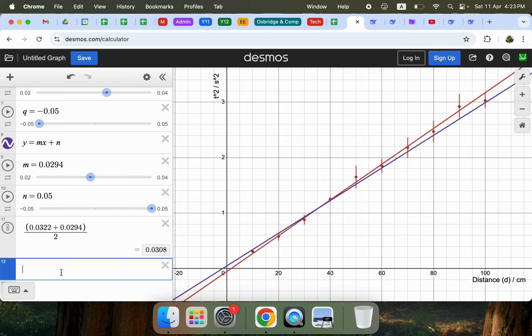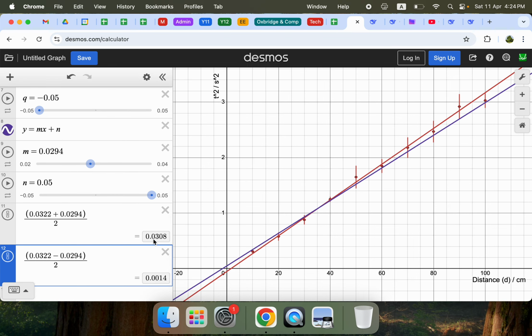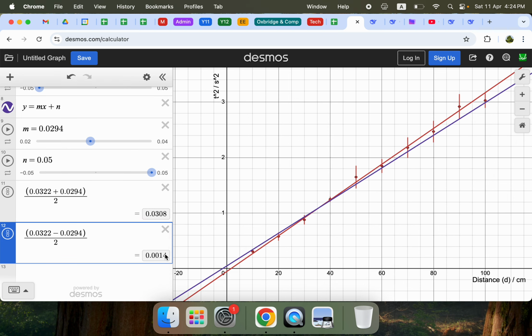I can work out the uncertainty by taking the range of those slopes and dividing by 2. So the slope is 0.0308 plus or minus 0.0014, keeping 2 sig figs for this uncertainty because the first significant digit is 1.